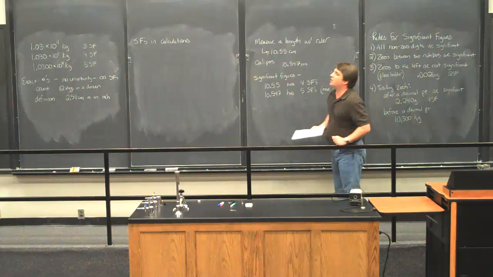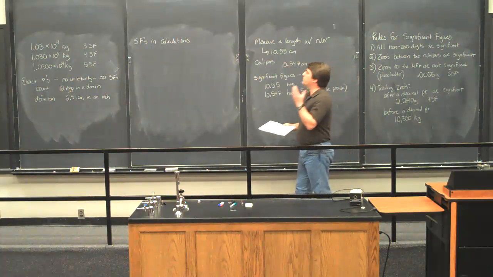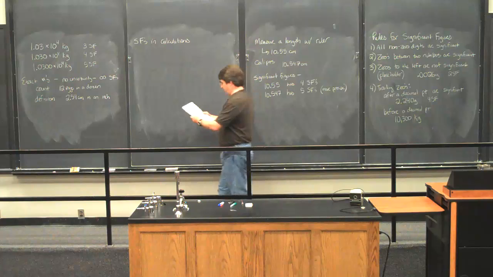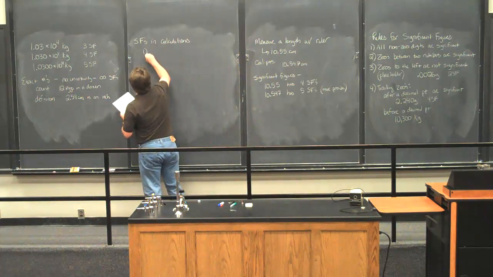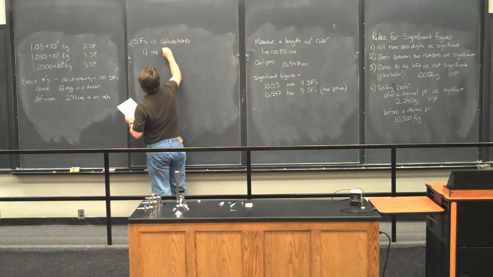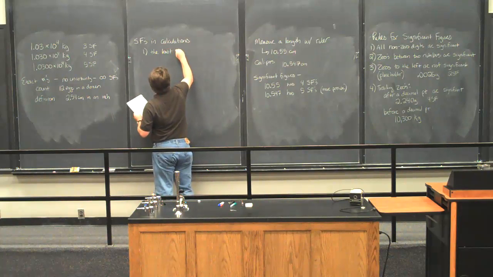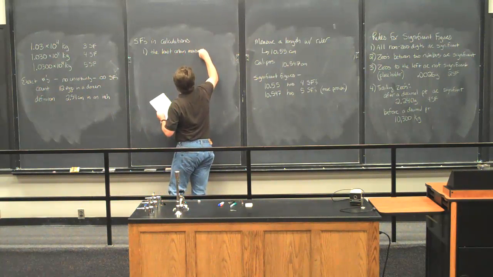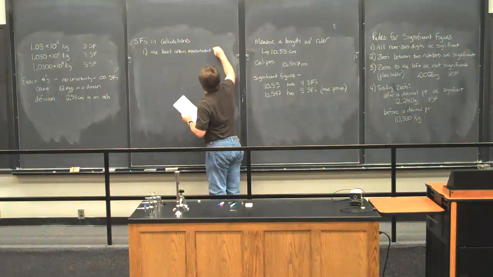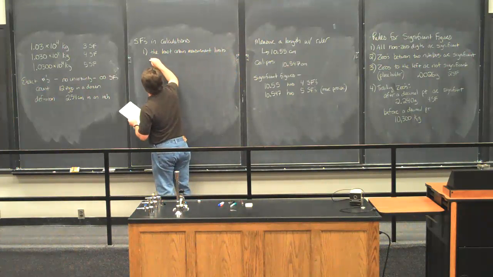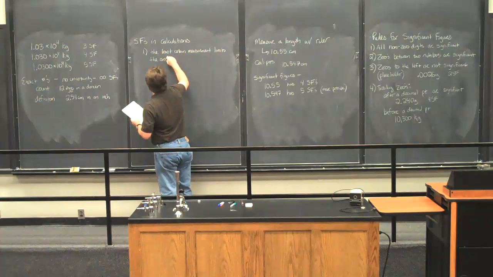And we have to figure out a way to keep track of the precision of these measurements, the significant figures, through these calculations. So the first rule is the least certain measurement limits the certainty of the overall calculation.